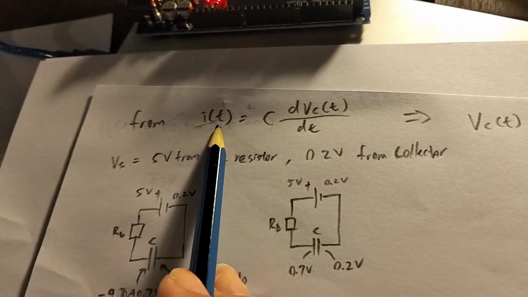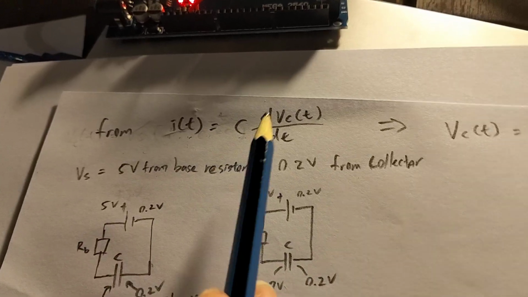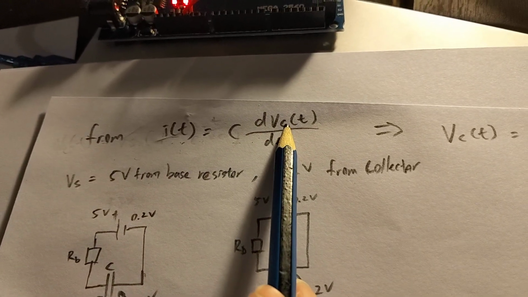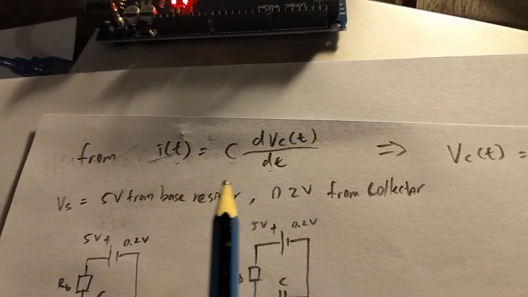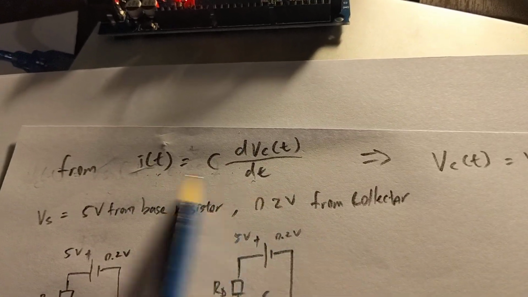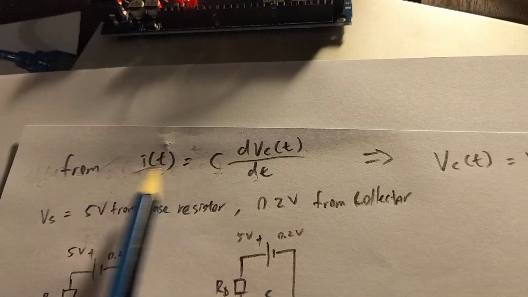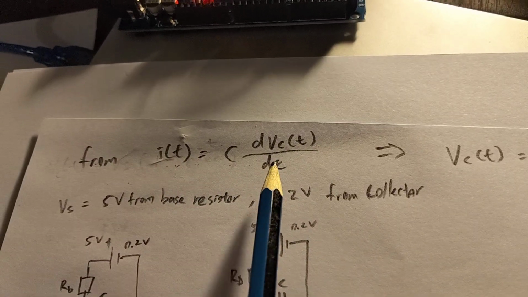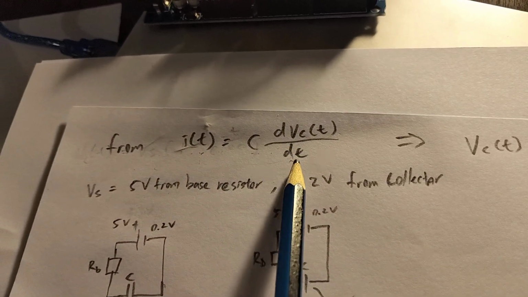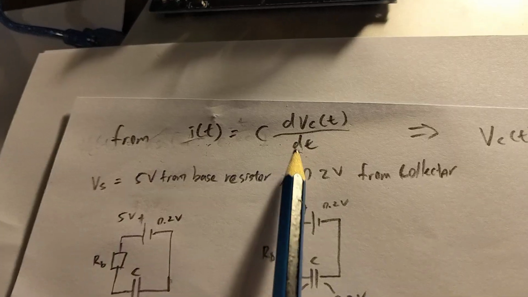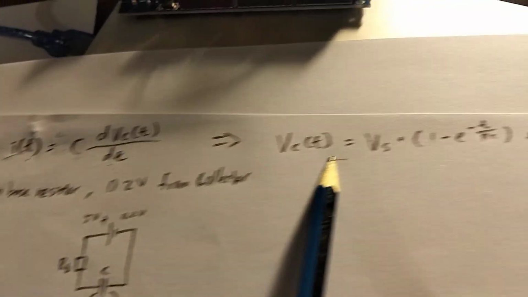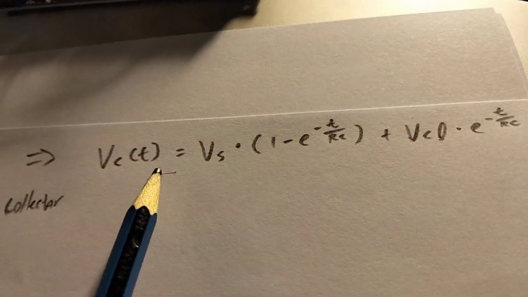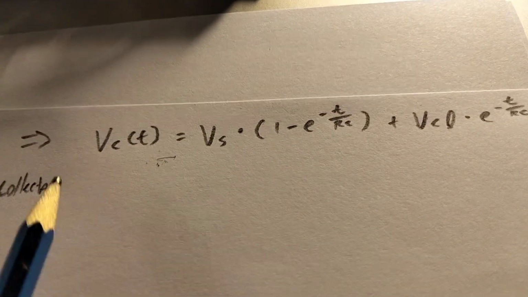With capacitors, the current across a capacitor is equal to the capacitance times the derivative of the voltage across the capacitor with respect to time. If you use this derivative relationship between the voltage and current across a capacitor, you can derive the equation which defines the voltage across the capacitor at any time t.